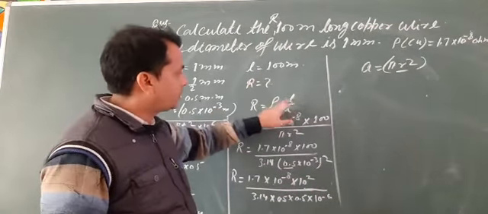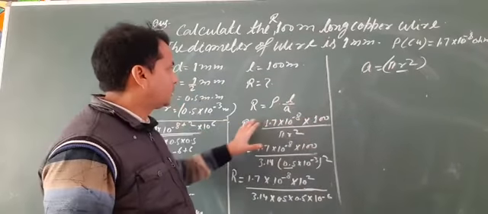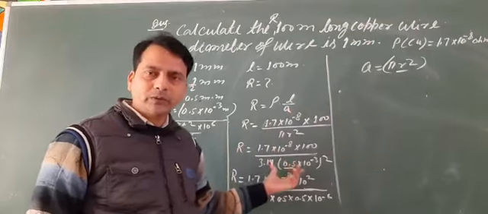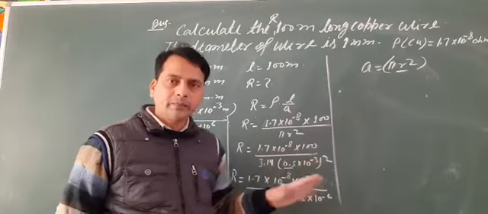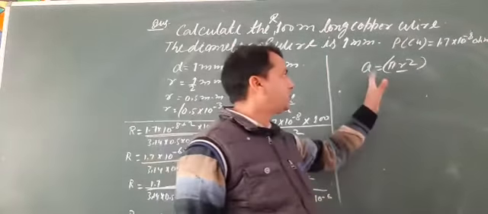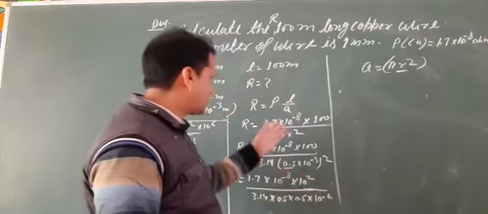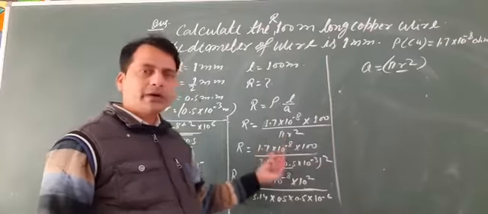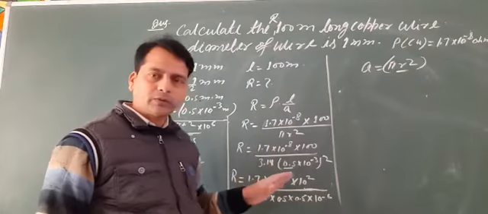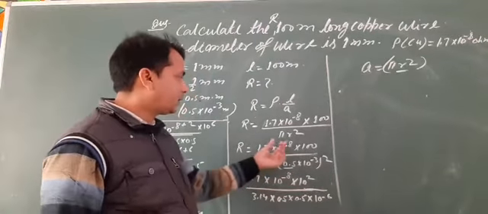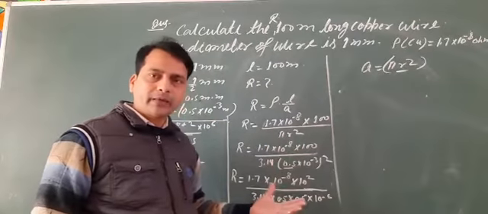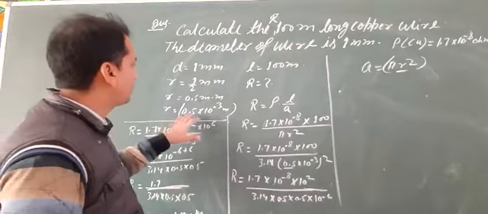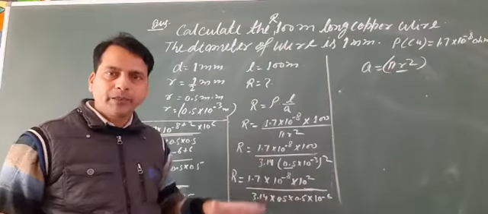So in the place of L we put 100 meter, and for the area of cross section, we know the formula A equal to pi r square. So in the place of A equal to pi r square, put the value of pi equal to 3.14, and the radius of the copper wire is 0.5 into 10 to the power minus 3 meter.